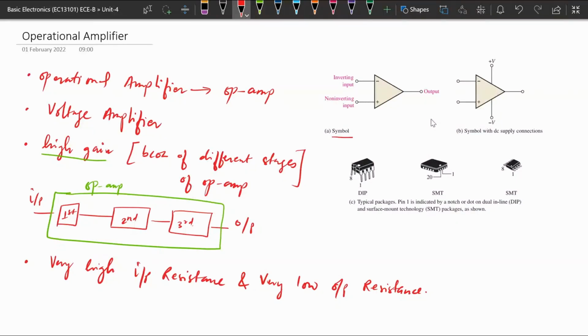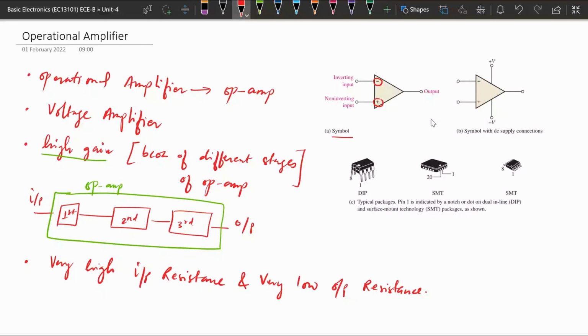Here it has two different inputs. One input is represented by a negative symbol, and the other by a positive symbol. The input with the negative sign is called the inverting input, and the input with the positive sign is called the non-inverting input.